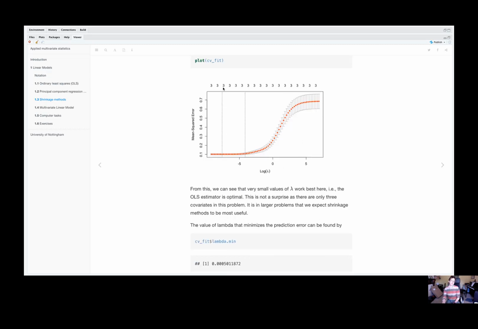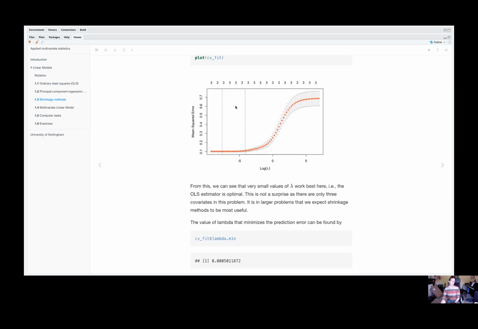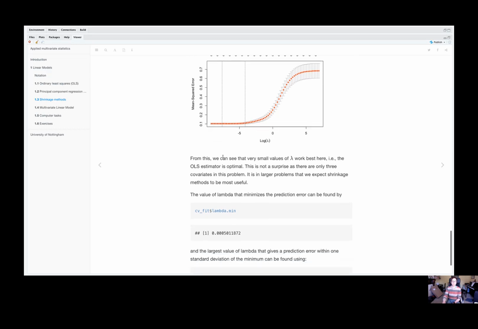So the two vertical lines here show, the first one shows the value of lambda that minimizes the error. That was at 0.0005 here. On a log scale, that's -7 something. It's just here. The second line here is the largest value of lambda that gives a prediction error within one standard deviation of the minimum.